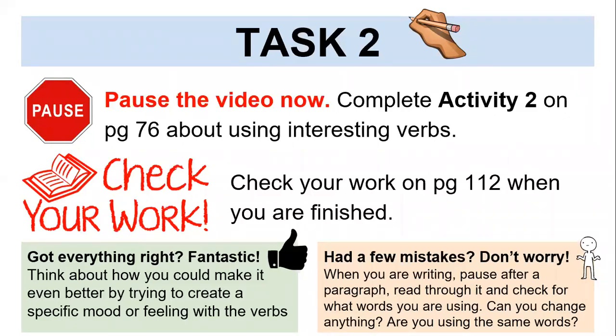So question 2A, Hayley went to the museum in her new car. You could have Hayley hurried to the museum in her new car. Hayley drove to the museum in her new car. Think about the effect that changing that verb will have. So have a go at question 2 now, and then you can check your answers on page 112 and come back and we'll move on.